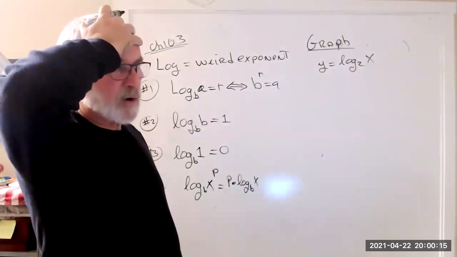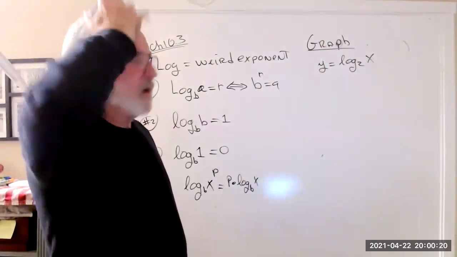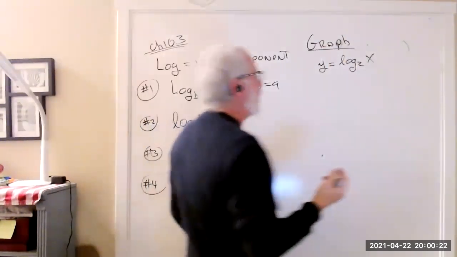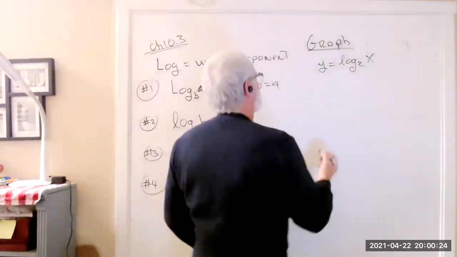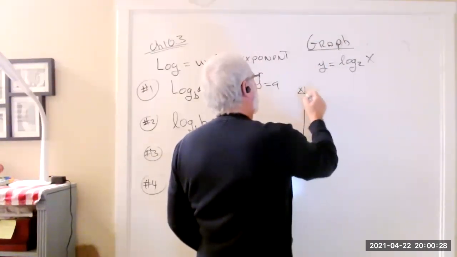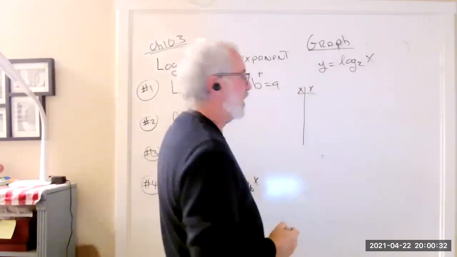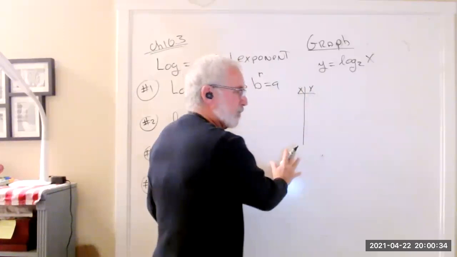Desmos will graph it, and you can look at it and check your work. But there are 2 ways of doing this. One way is to build an XY table and use your calculator and just get a whole bunch of silly decimals.